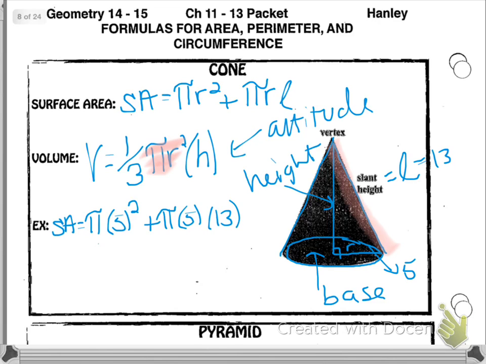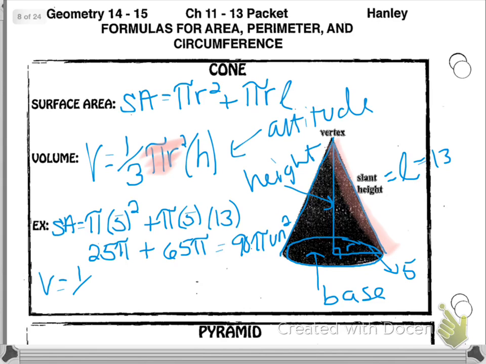So to calculate this, we have 5 squared times pi, so 25 pi. And then on the right, I have 5 times 13, or 65 pi, which gives me 90 pi. That would be my exact surface area, but you could also multiply those two things out as well. And this is units squared.